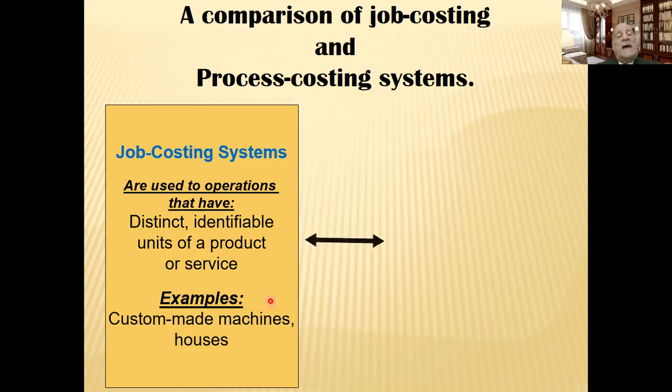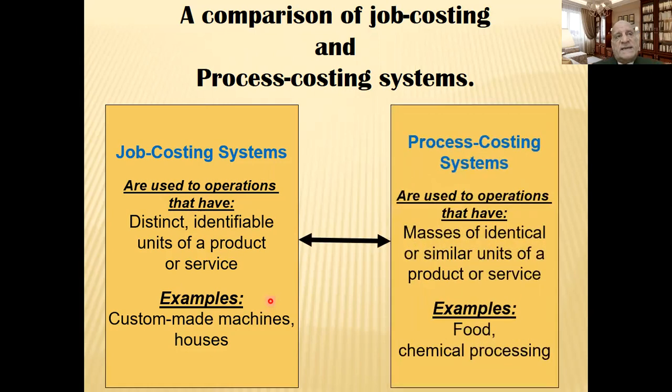But as for the other costing type, which is process costing system, process costing systems are used to operations that have masses of identical or similar units of a product or service.